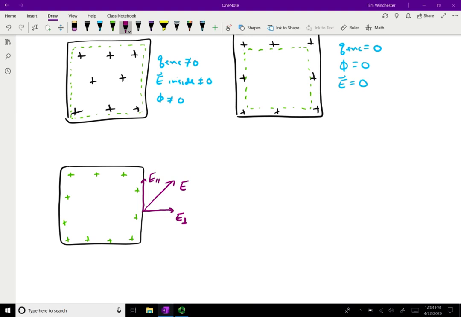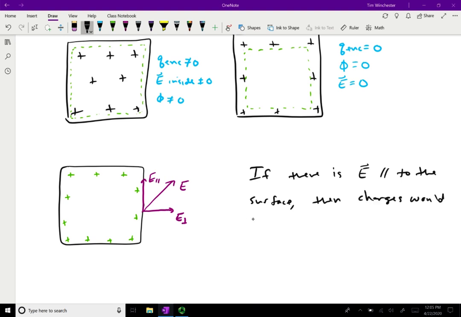And the argument I made earlier for the electric field inside will also work for the component parallel to the surface. So if there is electric field parallel to the surface, then charges would move in response to it.